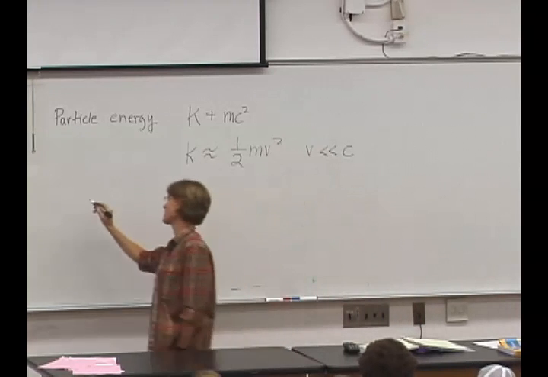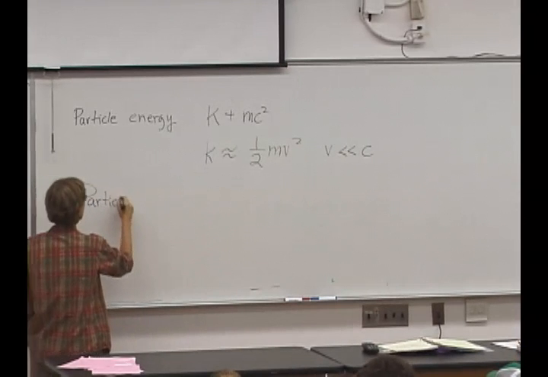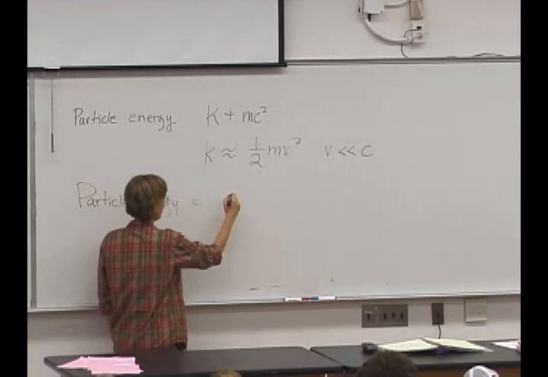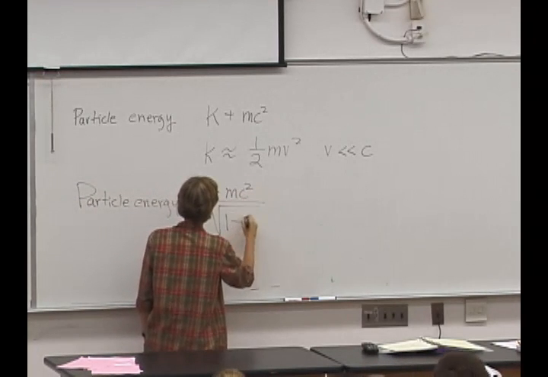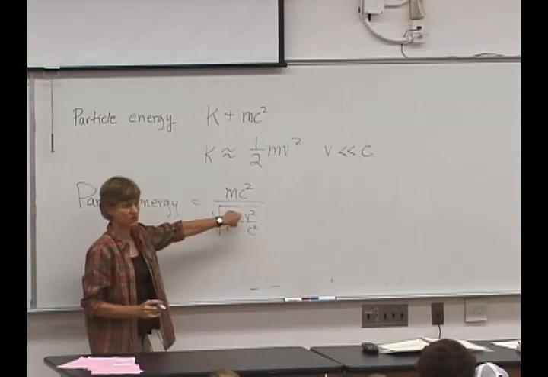Then we actually have to go for the complete, relativistically correct formula for the particle energy, which is mc squared over the square root of 1 minus v squared over c squared. This is the magnitude of the velocity.